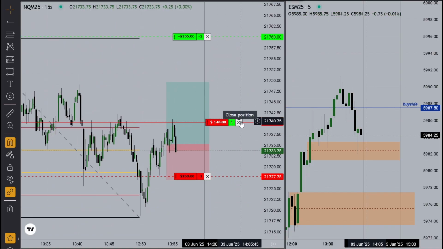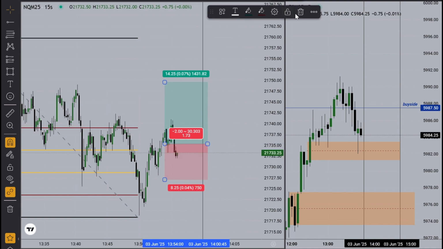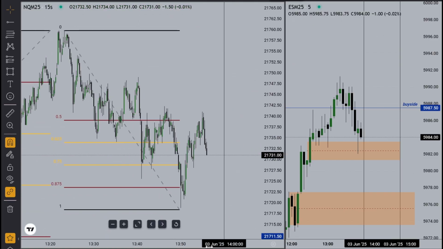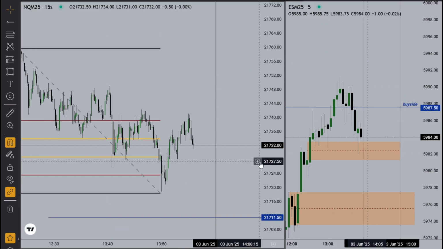Let's see how this goes. There's a minor disrespect on the order flow. We do allow that because it is a 15-second order fill. I tend to close that out because it isn't respecting the order flow to the upside, so this tends to go down.